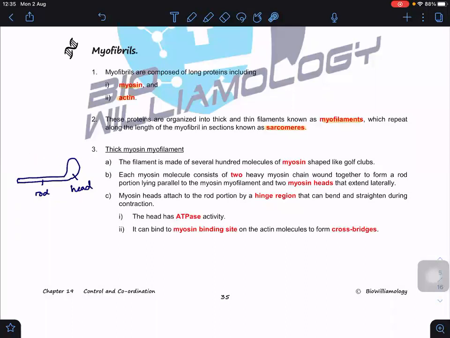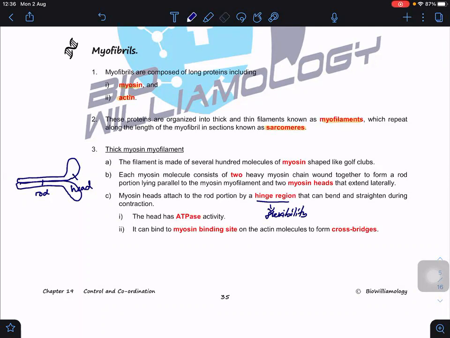So this is one, parallel, and we can have another one, something like this, but they're intertwined together. The myosin head is attached to the rod portion by a hinge region, which gives flexibility. Always remember, like an antibody, the hinge region gives flexibility.